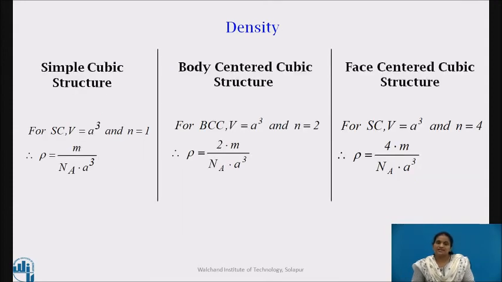So, for simple cube, as the number of atoms per unit cell is 1, the density is given by m divided by Na into a cube, that is volume of the unit cell. Similarly, for BCC, the formula is 2m divided by Na into a cube, and for FCC, the formula is 4m divided by Na into a cube.